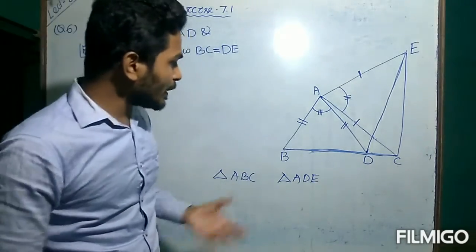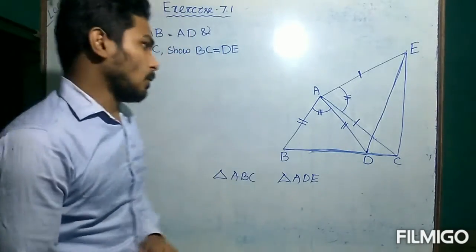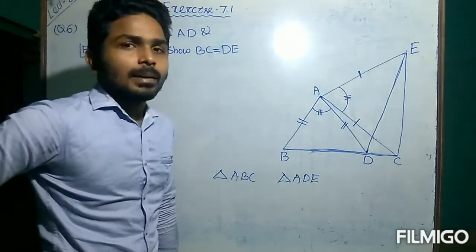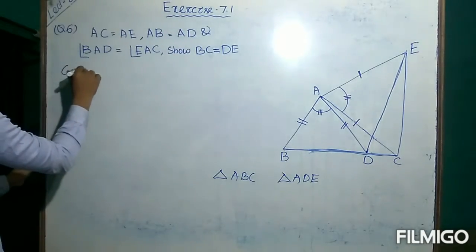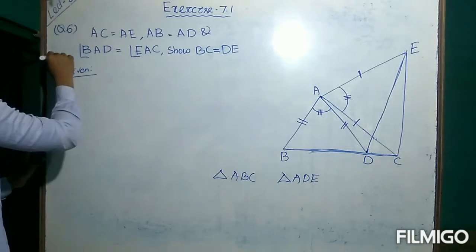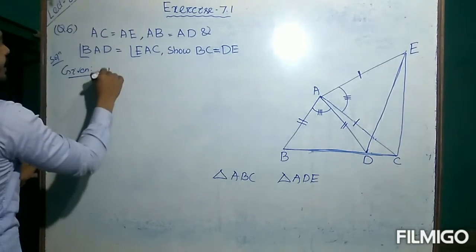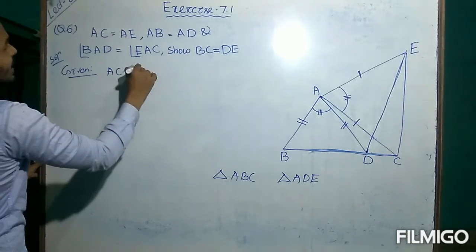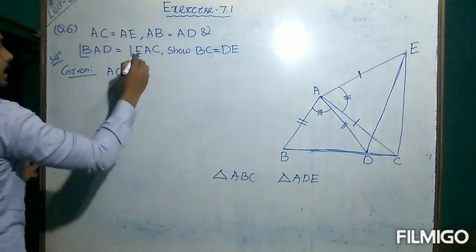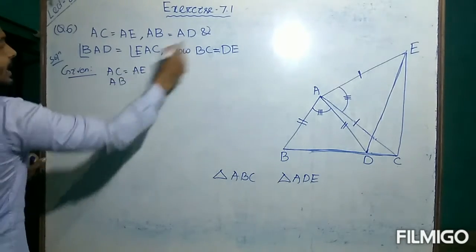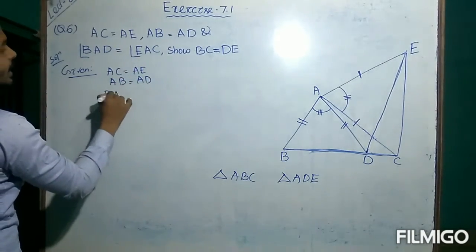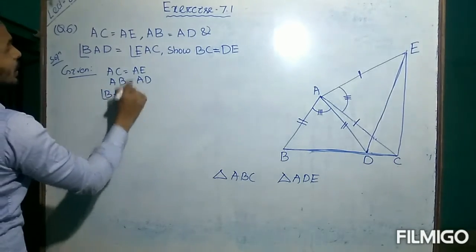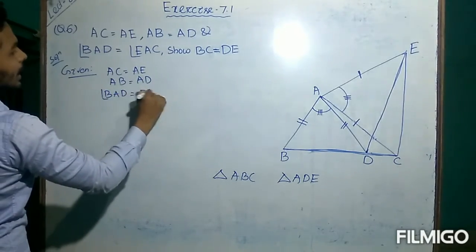So we have to compare these two triangles. Now, how can we compare them? Let us compare. First we have to write what is given. Solution. It is given that AC is equal to AE. Clear? AB is equal to AD. And angle BAD is equal to angle EAC.